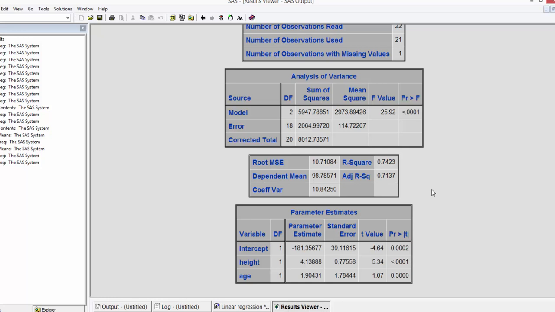Hence, adjusted R-square is a slight variation of R-square, which can be interpreted in a similar way. It penalizes the use of independent variables.